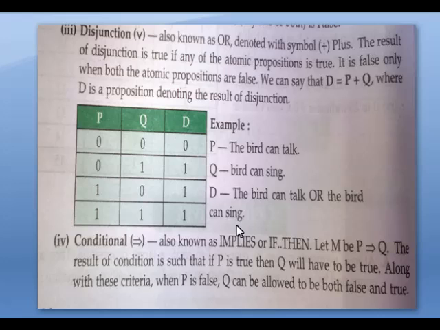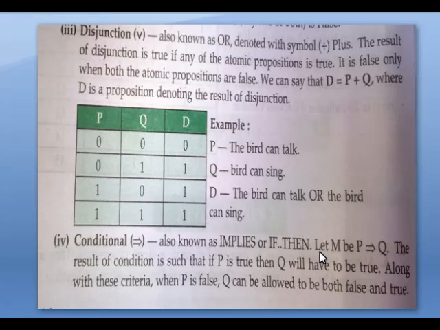So the fourth one is conditional. For conditional, we use the symbol like this, a one-sided arrow. It is also called implies. In mathematics we studied the implies symbol, and in physics also we use the implies symbol. So this is known as implies or if-then.